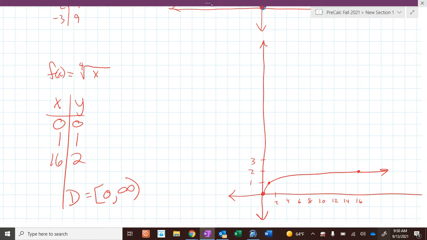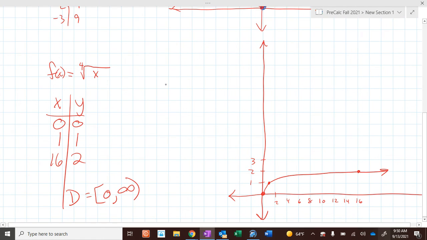So when we do the inverse of this one, f inverse of x, then we switch the y and the x around. So before y was equal to the fourth root of x, now x is equal to the fourth root of y. How do I get y alone? You take each side to the fourth power.